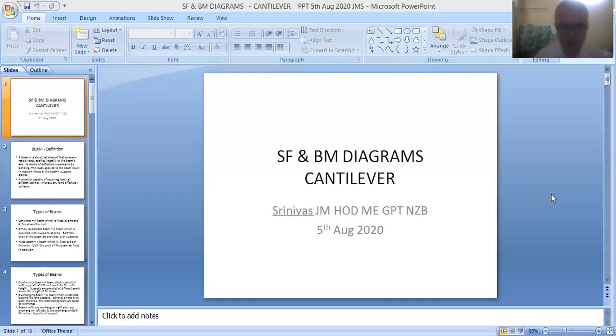So SF for shear force and BM for bending moment. So in short, they are referred to as shear force and bending moment diagrams.